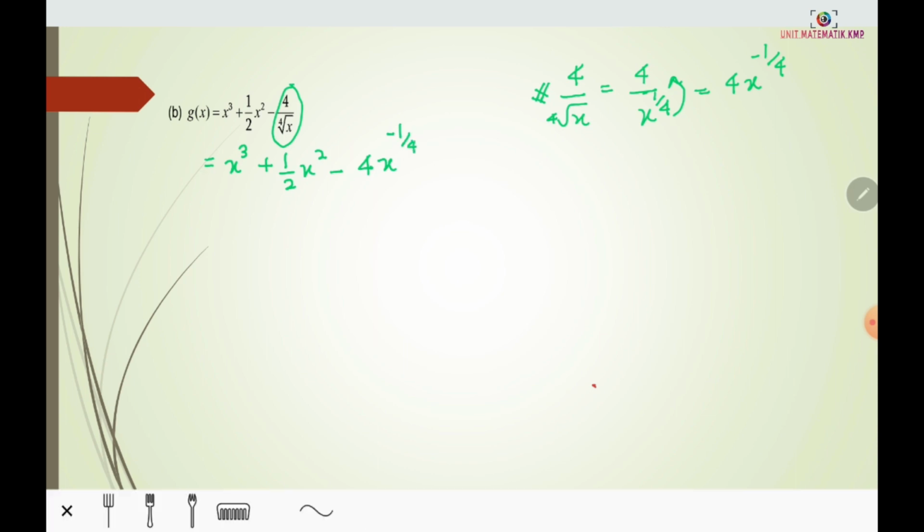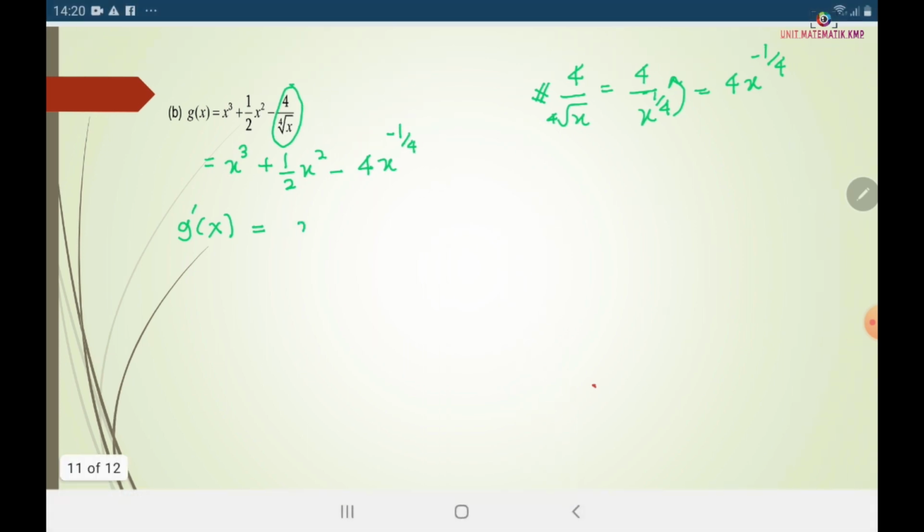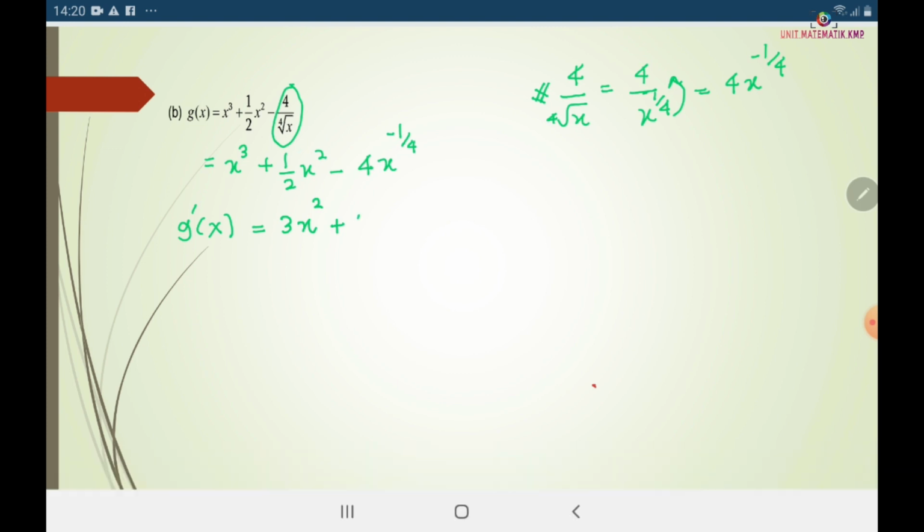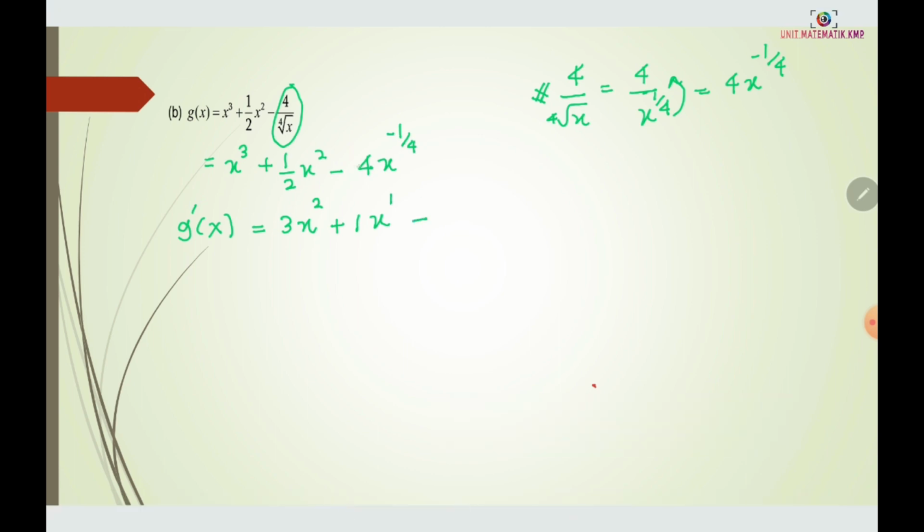Okay, this is g(x), and then we need to differentiate this, so we have g'(x) equals, differentiate 3x cubed, so we will get 9x squared plus, so 1 over 2 multiplied with 2, so we get 1, then x power of 2 minus 1 is 1, x power of 1, minus 4 times negative 1 over 4.